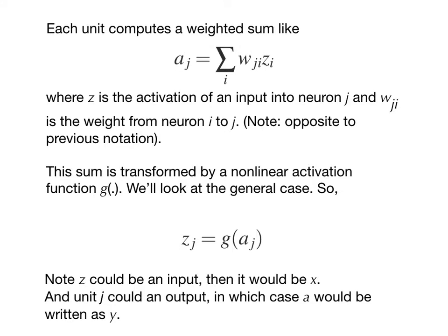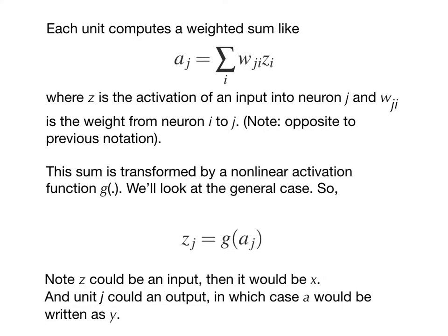Each unit or neuron in the neural network computes a weighted sum like this. The activation of neuron j is the sum of the weights from neuron i into j times the input i into neuron j.